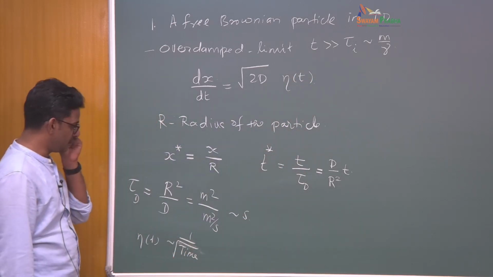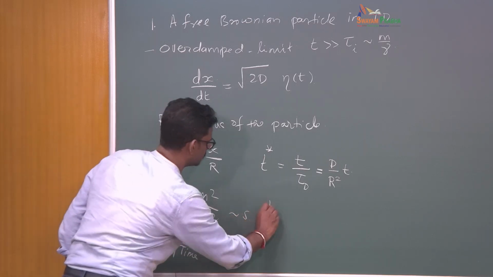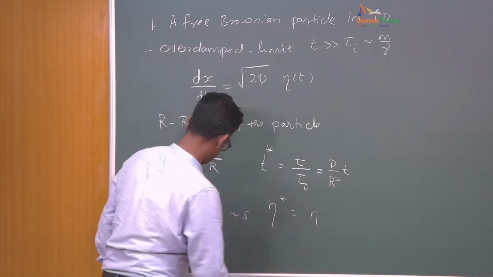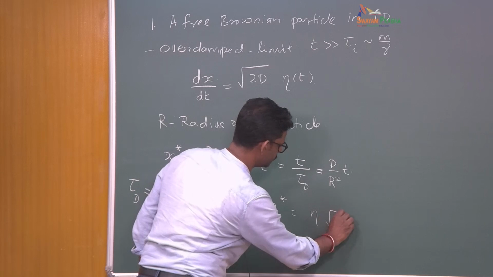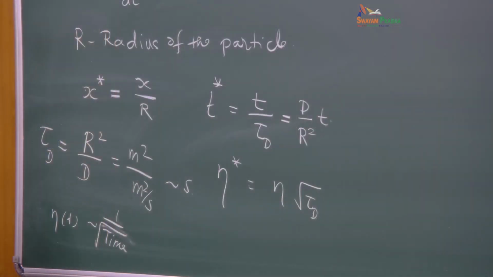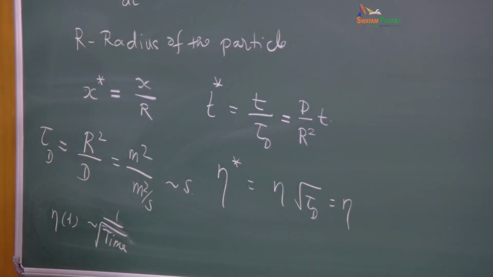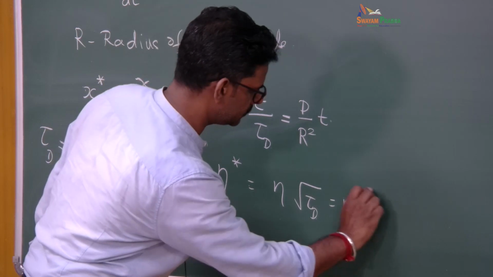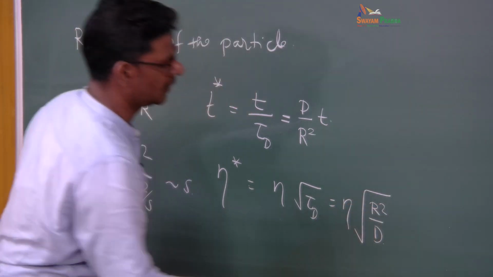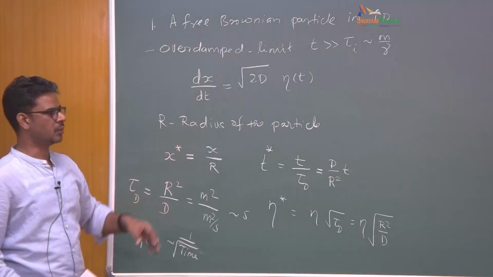So this has to be also non-dimensionalized. So the way you would do that is eta into square root of tau D. So now we can actually substitute all these non-dimensional numbers here and then convert this equation.